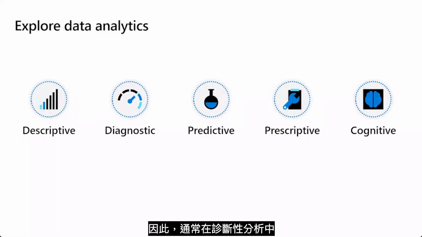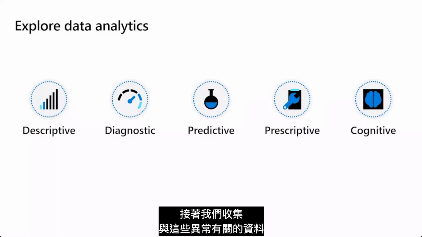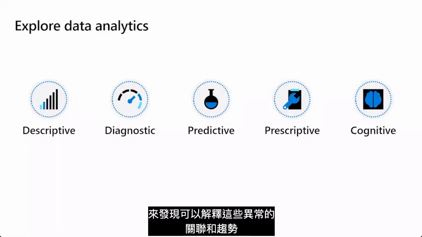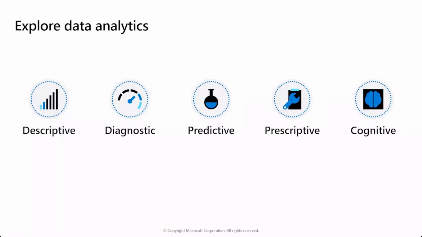Generally in diagnostic analytics, we take three steps in this approach. We identify the anomalies in the data. These could be unexpected changes in a metric or particular market. Then we collect data that's related to these anomalies. And then we use statistical methods to discover relationships and trends that could explain these anomalies.